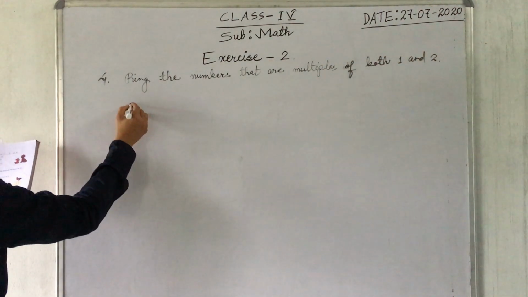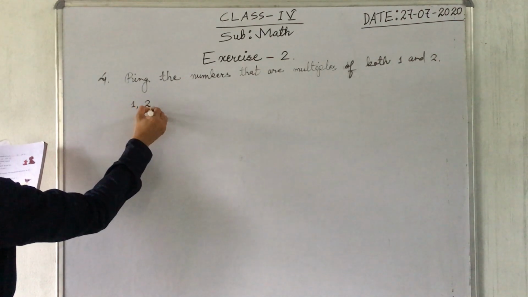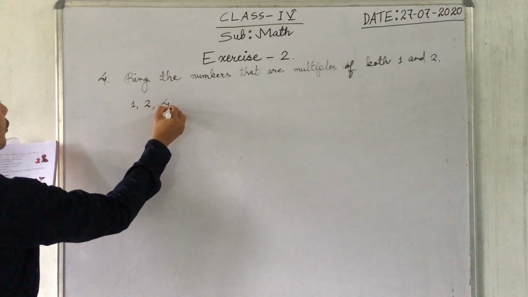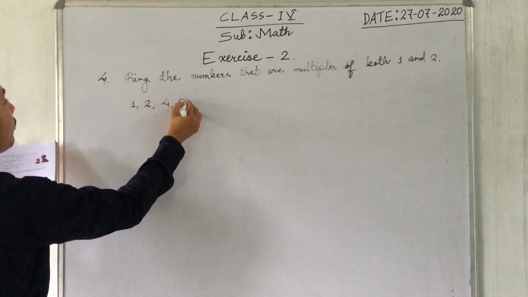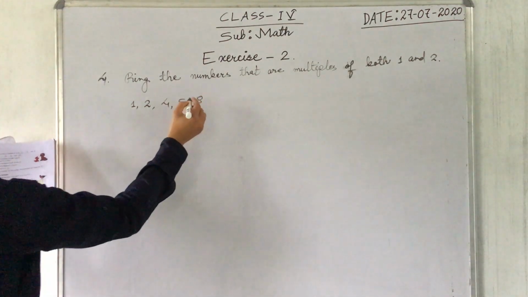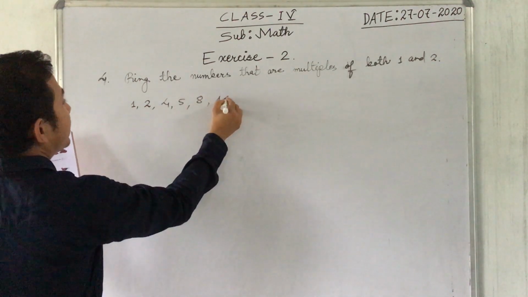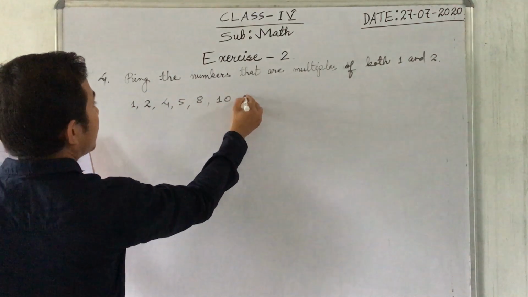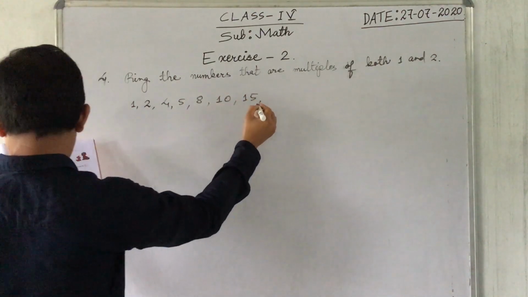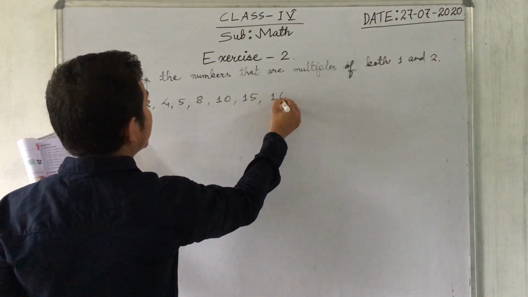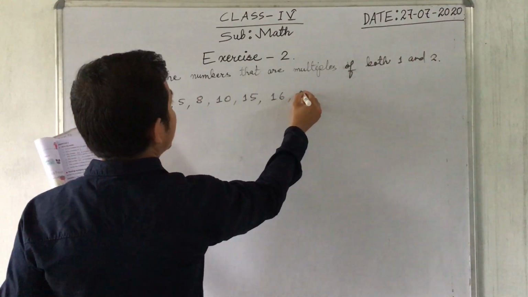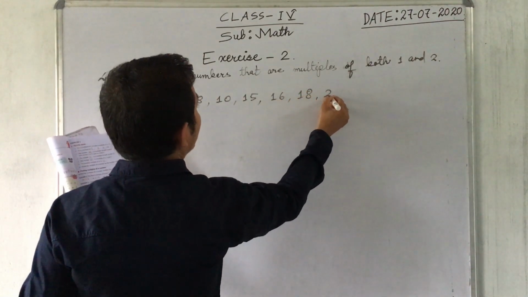Okay, there are 1, 2, 4, 5, 8, 10, 15, 16, 18 and 20.